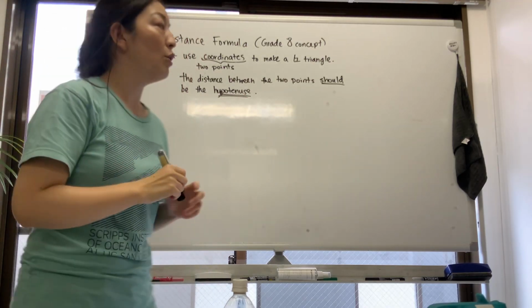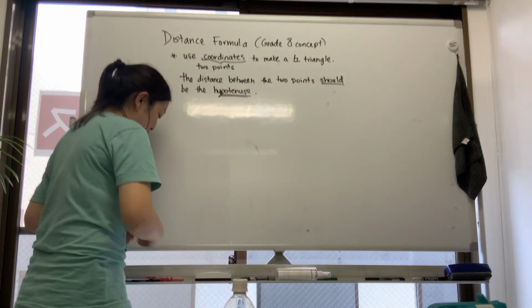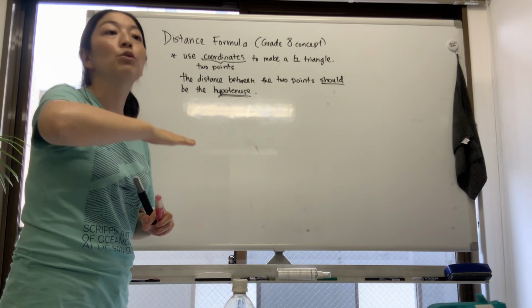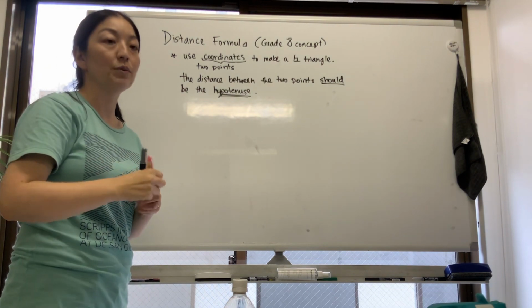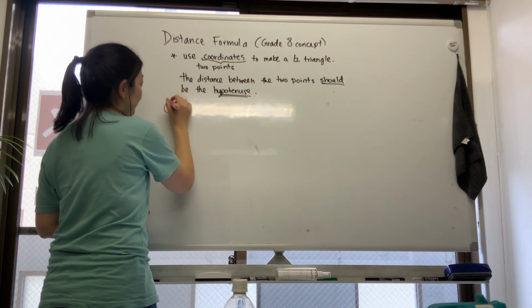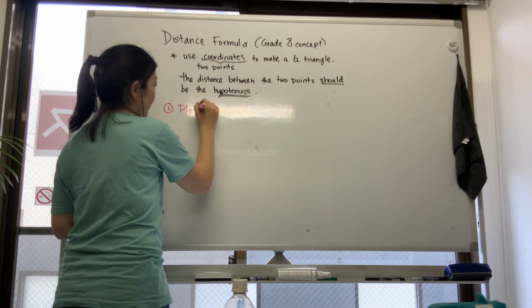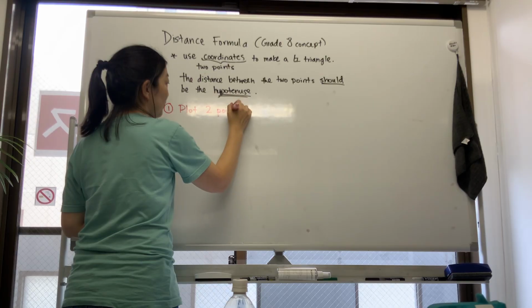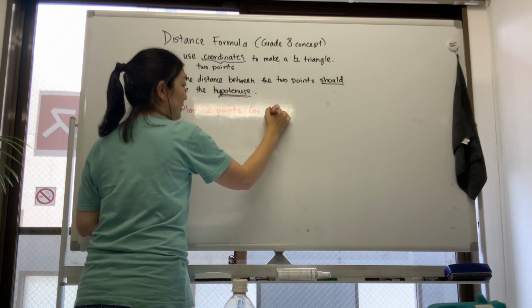So the only lines you are drawing are a vertical line and a horizontal line. That's it. It's always vertical or horizontal. So step 1, plot 2 points or get them.